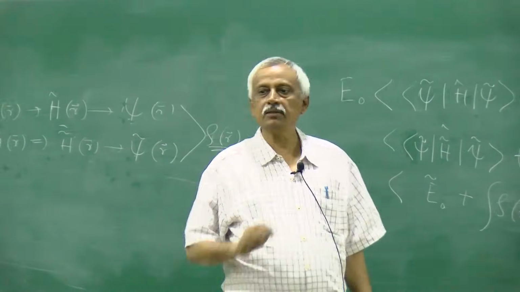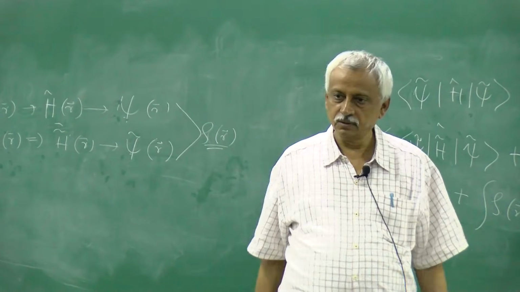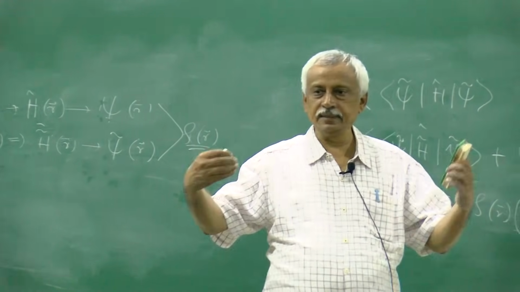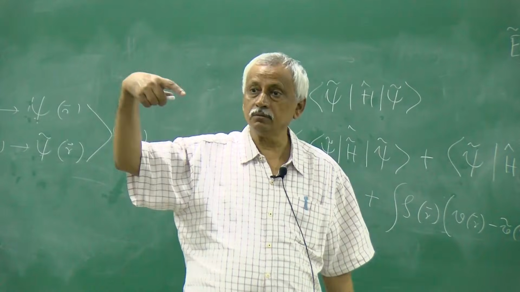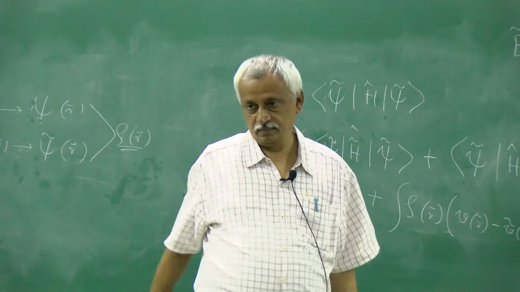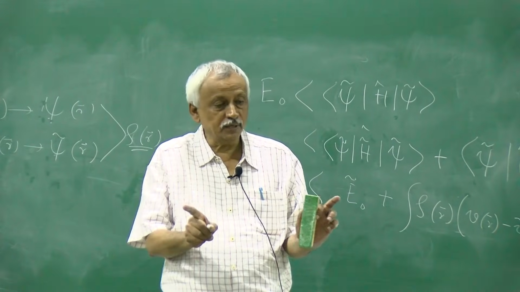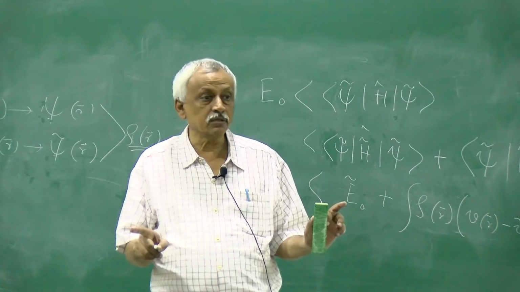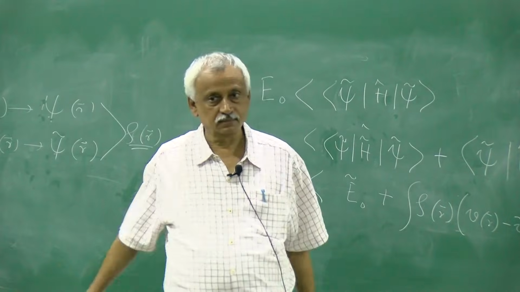So, this is an absurd situation. Your original supposition reduced to some absurdity, that means your original supposition was wrong. What is the original supposition? That two different external potentials differing by more than a constant are giving the same density.